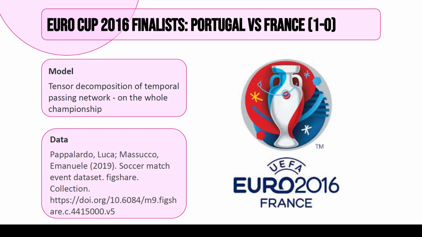The first one is an analysis of the passing temporal networks of the two teams that got into the final of Eurocup 2016, Portugal versus France. Portugal ended up winning the cup that year. I will show you how tensor decomposition can give us, even if this is just preliminary, early stage research, some good insights about team dynamics and similarity among players.